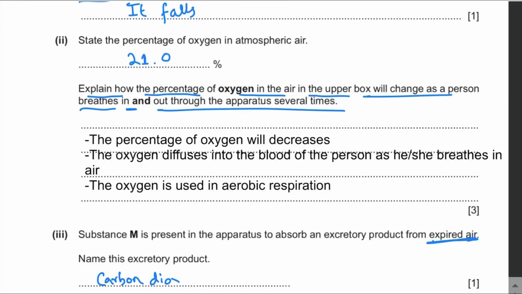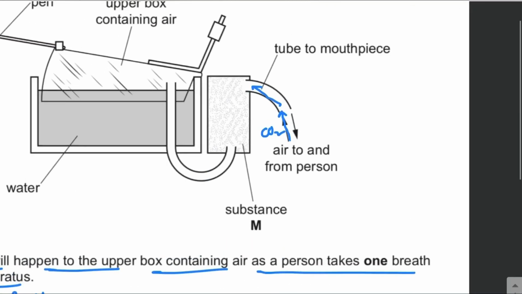So we all know that the excretory product that is found in the expired air is carbon dioxide. So why are they absorbing carbon dioxide? So that when the person breathes in again, the air does not contain a lot of carbon dioxide. I'm repeating this point again. For example, when the person breathes in, the air is high in oxygen and low in CO2, obviously. And when the person breathes out, what happens? When the person breathes out, obviously there is high carbon dioxide and low oxygen.